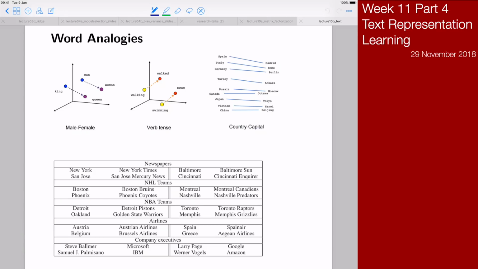You can just go somewhere in space, ask which is the closest word to where I am, right? So that's now a possibility, and then this way you can build very good machine learning systems which use words. This has completely revolutionized natural language processing, right? This was not around 4 years ago.